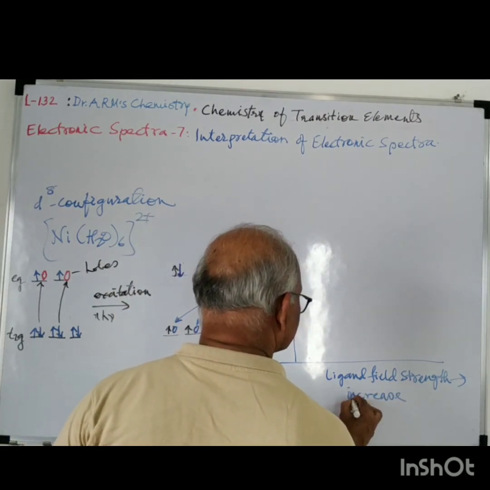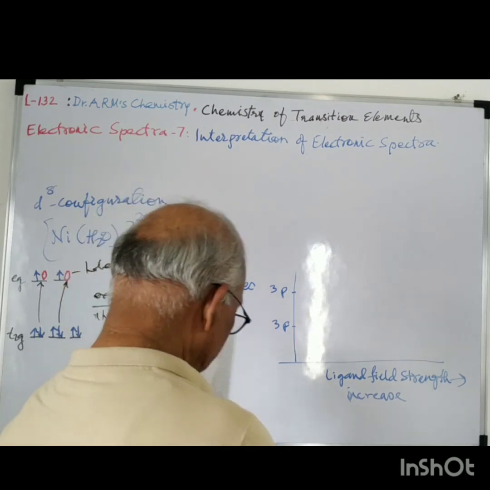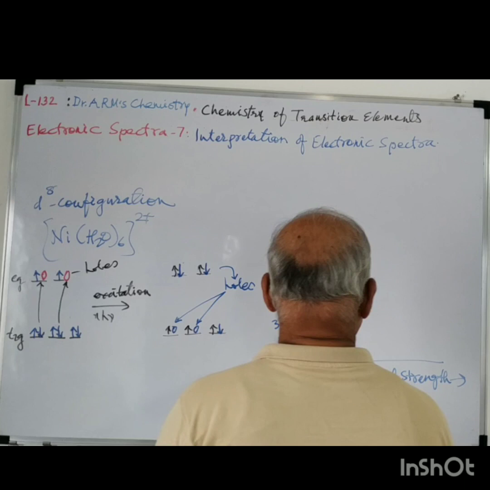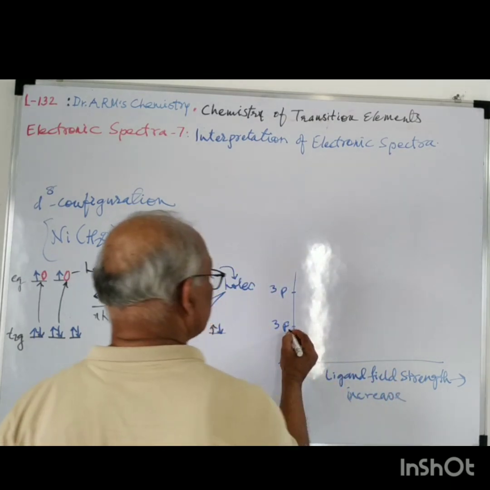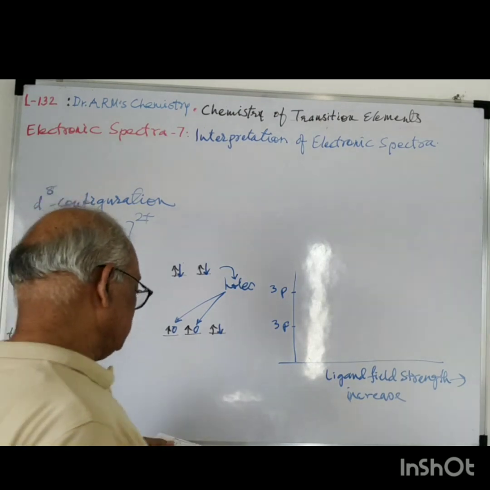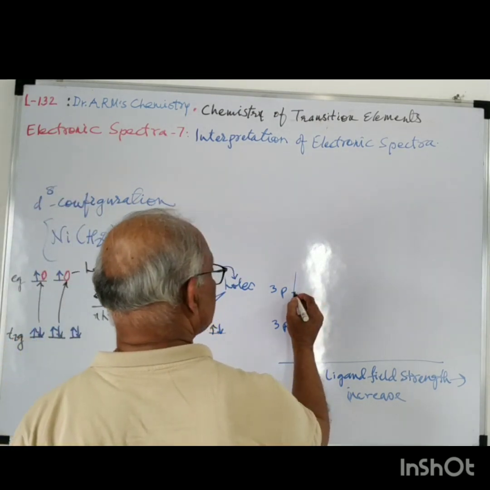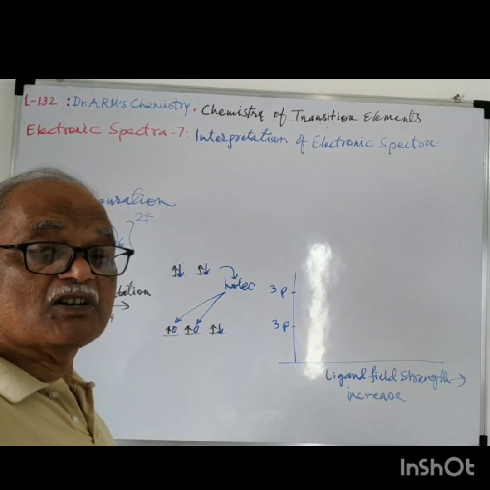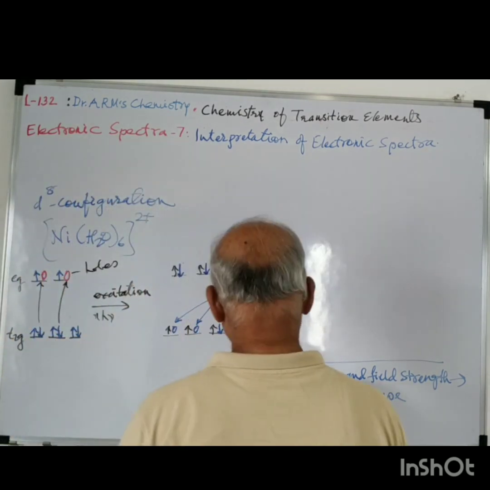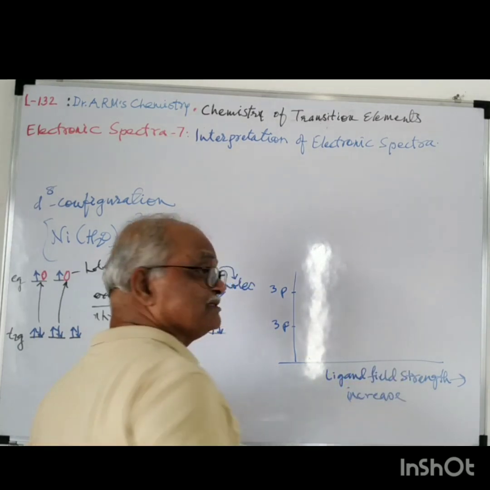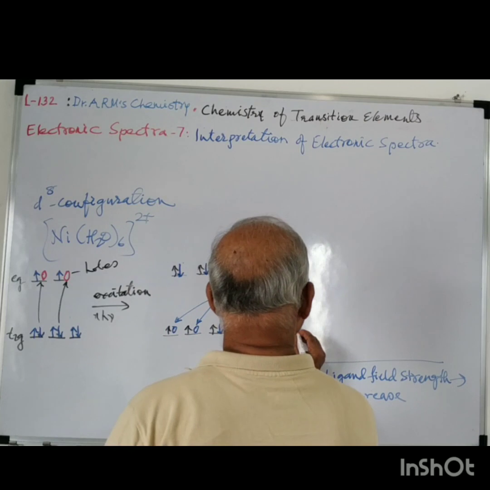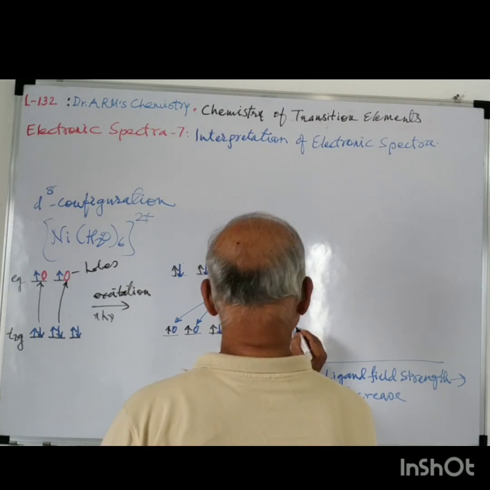As we have seen, the F state is split into 3 levels, but the P state is not split. It remains as it is, but it is transformed into the corresponding energy level T1G. So we will show this splitting.